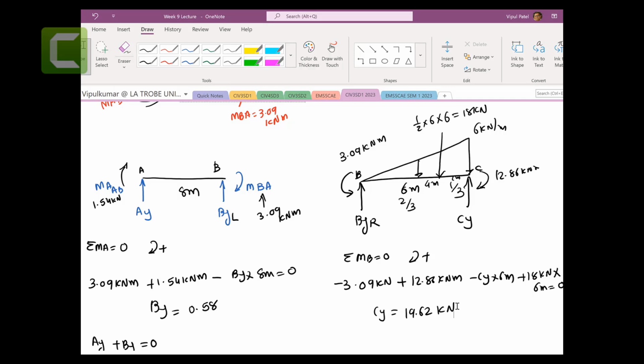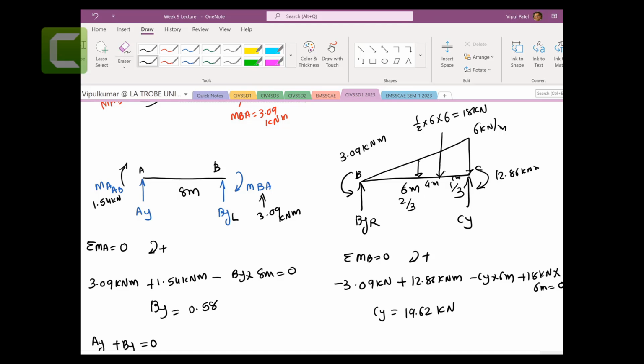So if you apply the moment here, 18 would be clockwise and then minus 3.09 and plus 12.86, and then you have CY, which is anti-clockwise. So CY times 6 meters plus 18 kilonewtons going here times 6 meters.